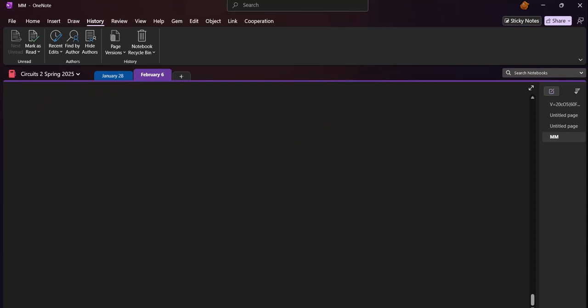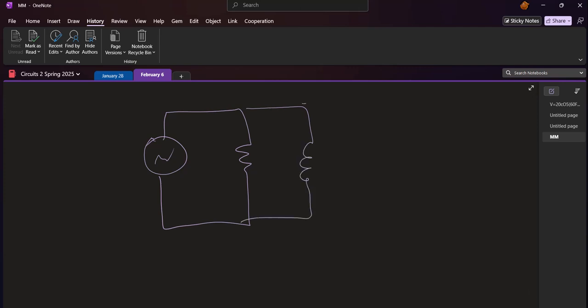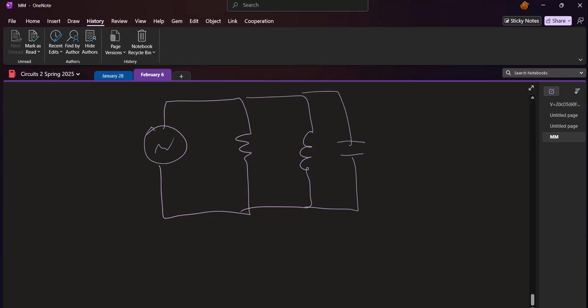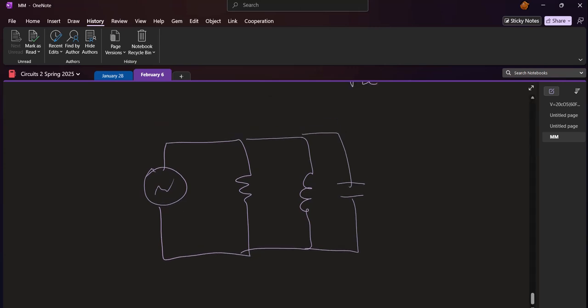Let's look at a parallel circuit. Okay, so we want the imaginary part of our impedance to be 0. Would it make sense to you that this part of the circuit is the only part that can make the imaginary part equal to 0?